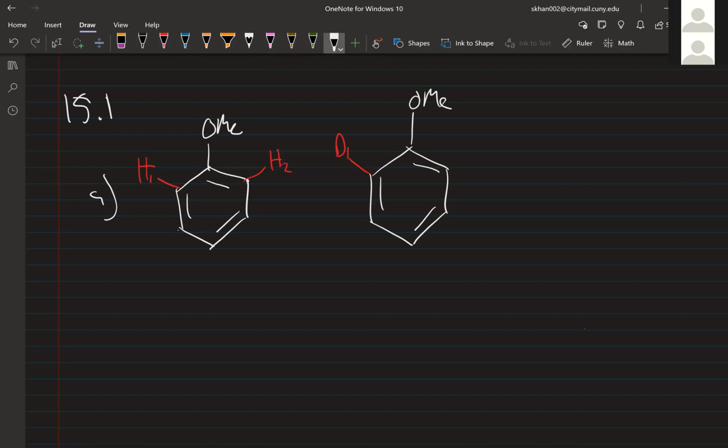And then if we replaced H2 with another deuterium, we'll call that D2. So we have D2 here, right? So you guys tell me, are those the same compounds?